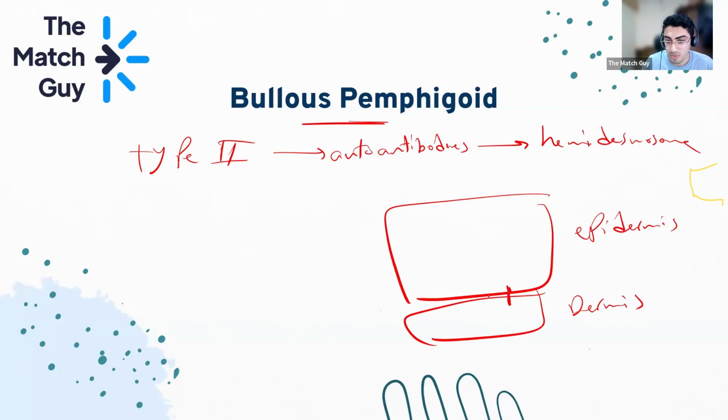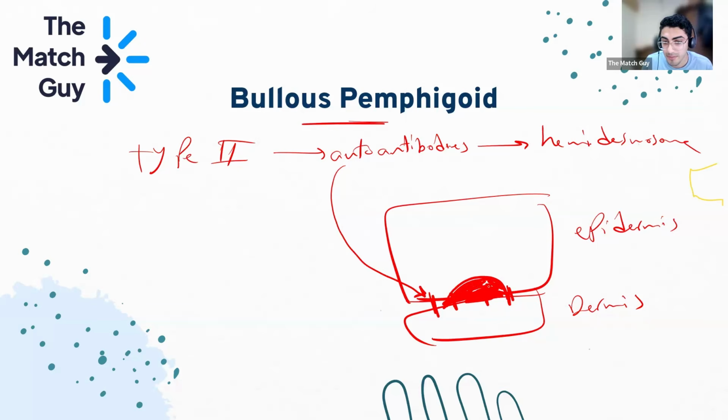Okay, so the hemidesmosomes are the proteins that bind the epidermis to the dermis. So if we have autoantibodies against these, the epidermis will separate from the dermis, and we can have blisters between them.